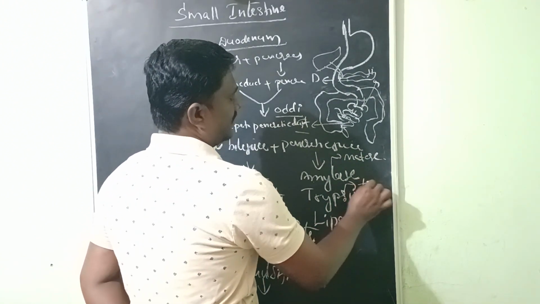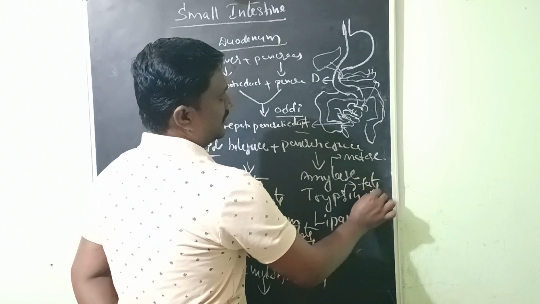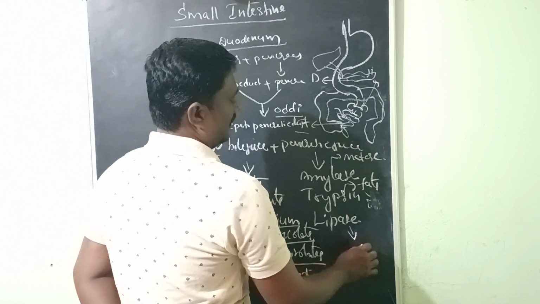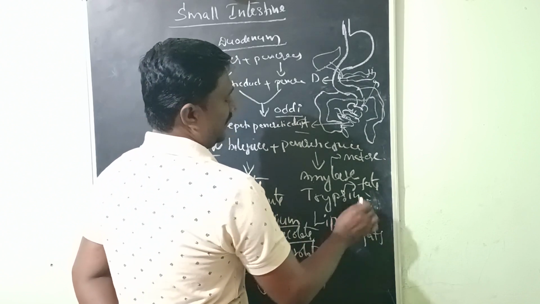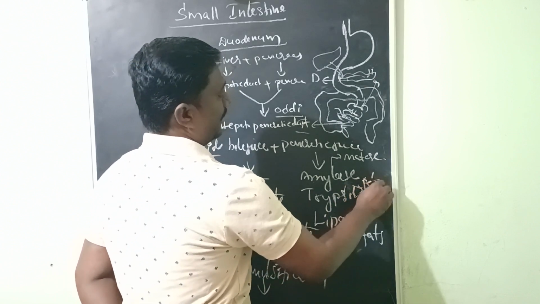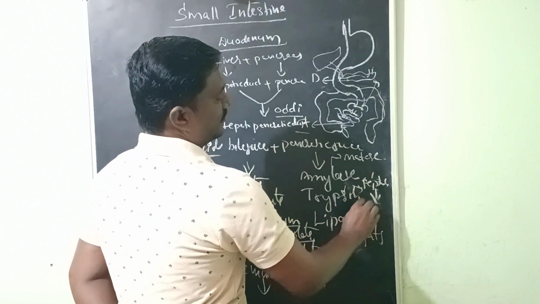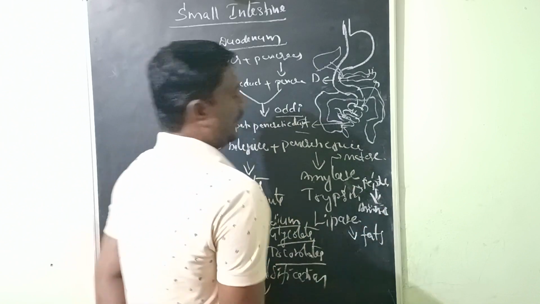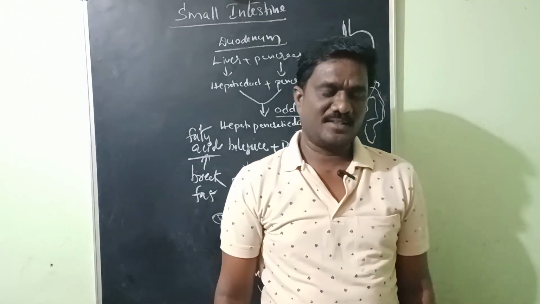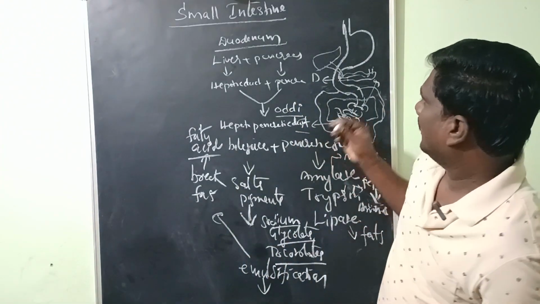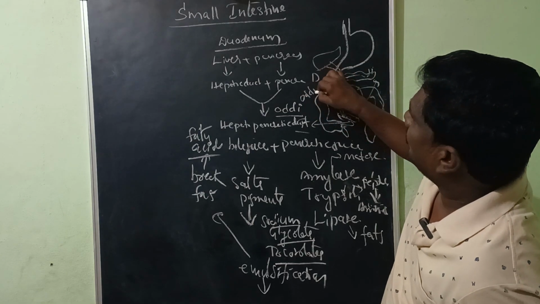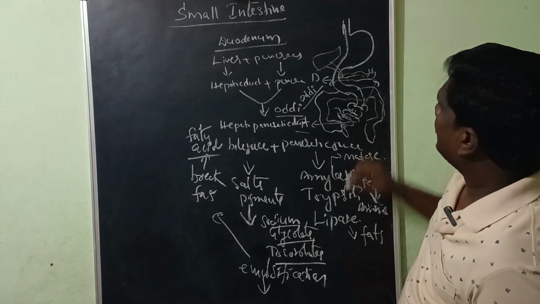Lipase acts on the fats, and fats change into glycerol and fatty acids. Trypsin acts on the peptides and changes them into amino acids. The common hepatopancreatic duct is regulated by the sphincter of Oddi. This is the duodenum.